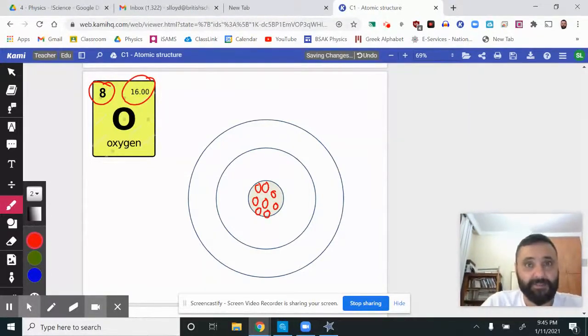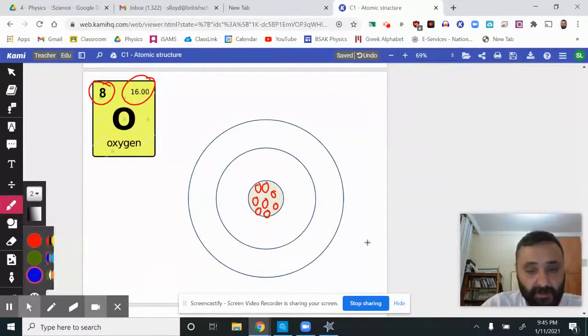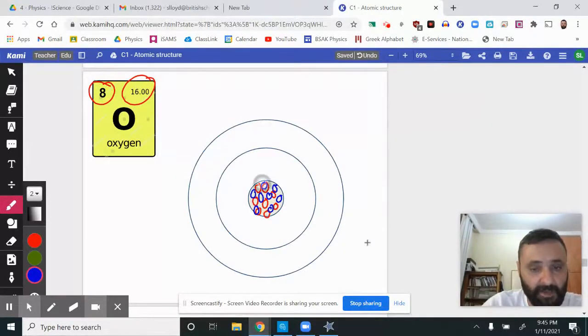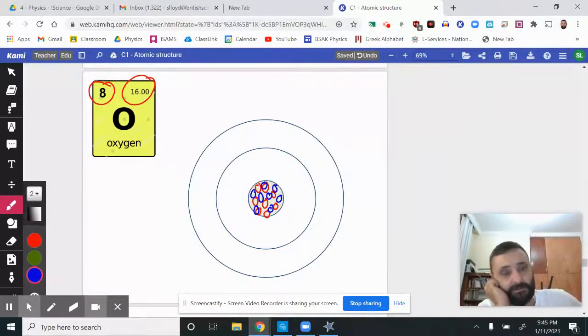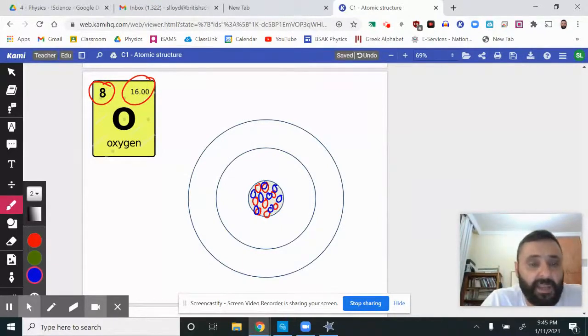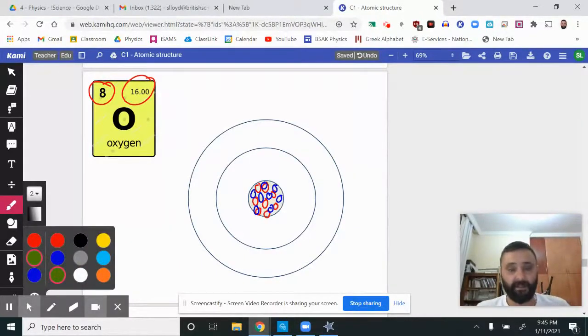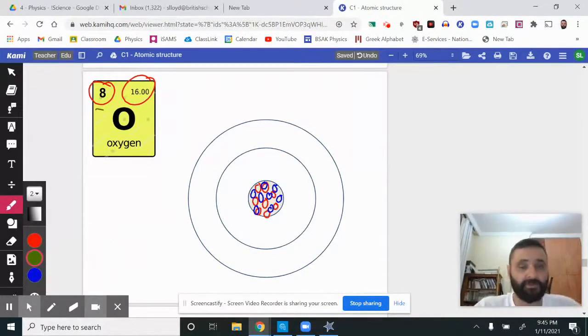Mass number of 16, that's protons plus neutrons, so there must be 8 neutrons in the nucleus. So 8 protons, 8 neutrons in the nucleus. Now, if this was just an atom, it would be electrically neutral. So how many electrons would it have? It would have 8, wouldn't it?